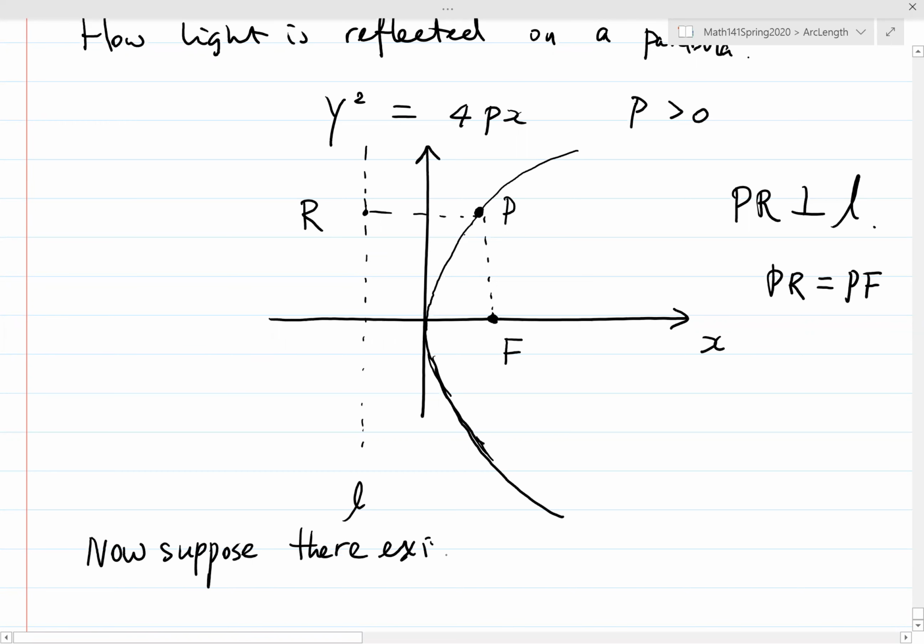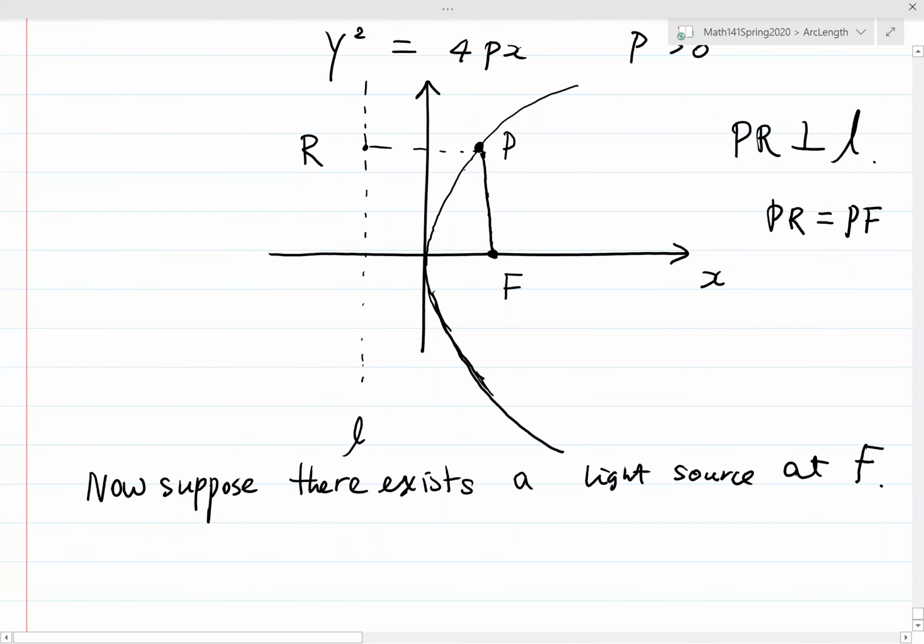Suppose there exists a light source at F. Then we have a beam of ray FP, and we want to know how the light is reflected at P. For a curve, locally we use the tangent line to approximate it, so that we get a flat surface.